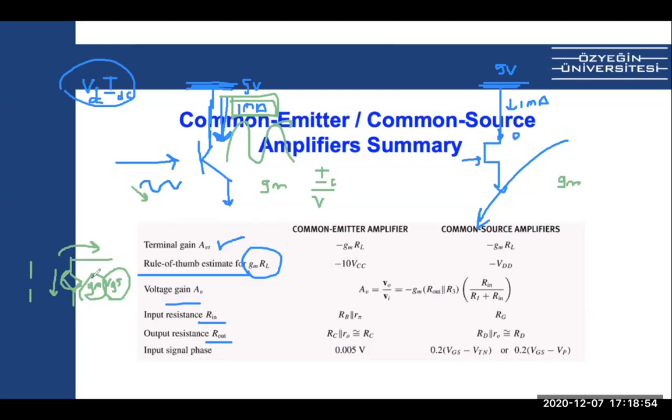Remember, gm is a function of DC parameters. Okay? DC defines your gm. But you need to figure out which one is more efficient, a BJT or a CMOS. And actually, the answer is here, but you can do your Google search.